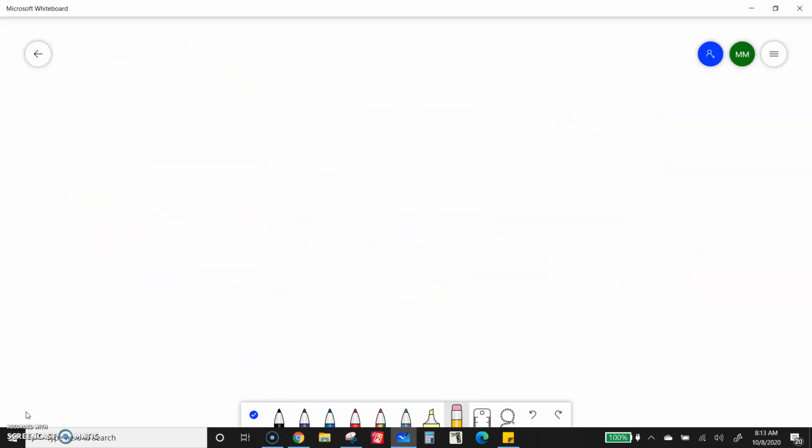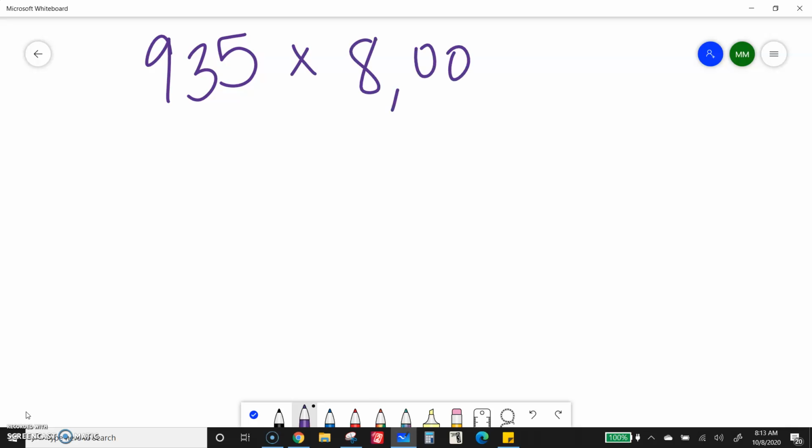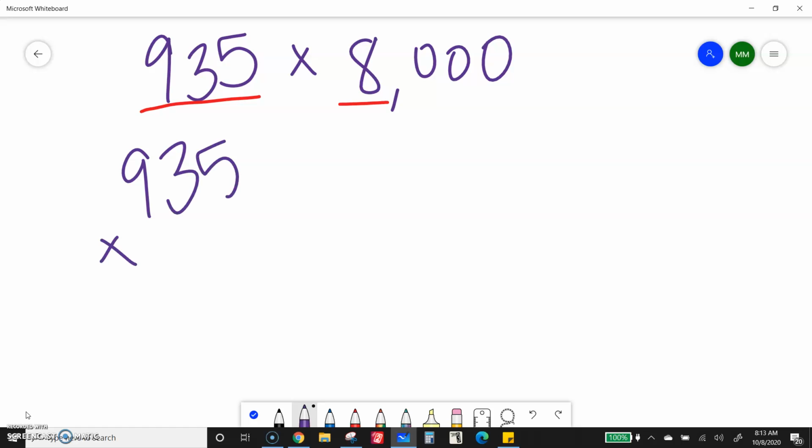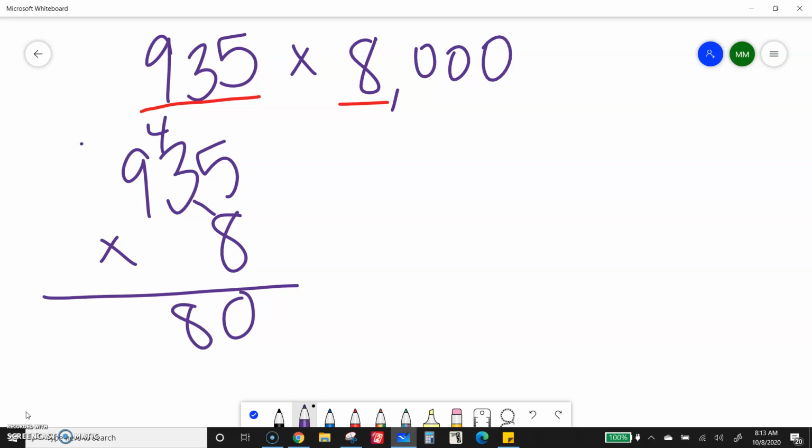Let's do one more that has even more zeros to show how it can work. So if I have 935 times 8,000, I'm just going to multiply my base fact, 935 times 8. I'll use the standard algorithm for this one. Remember, any method is fine. 5 times 8 is 40. 8 times 3 is 24, plus 4 is 28. 8 times 9 is 72, plus 2 is 74.